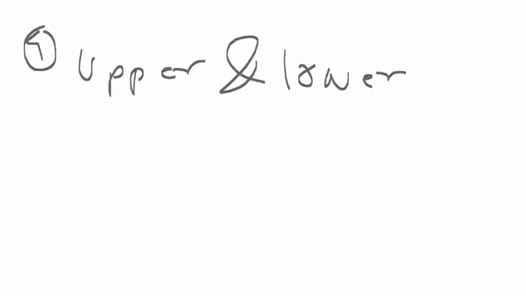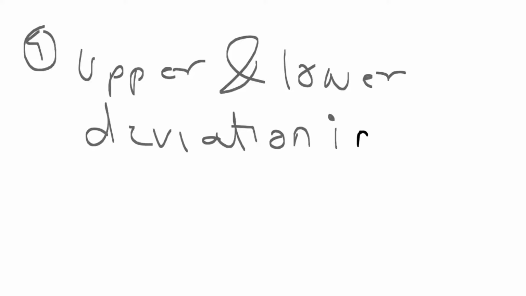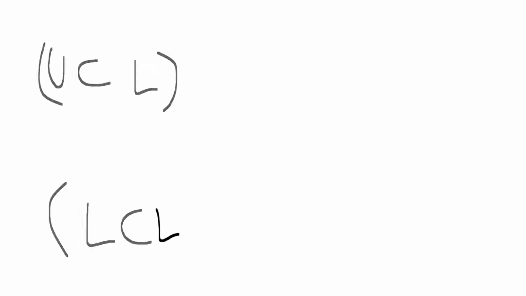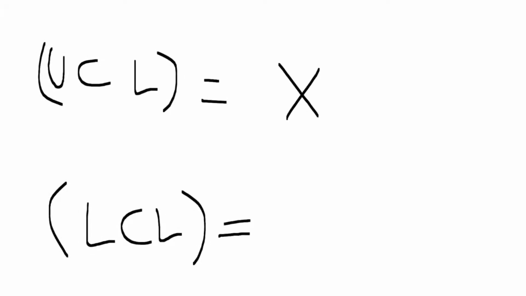How are they calculated? The upper control limit, UCL, and the lower control limit, LCL. The upper control limit is X double bar plus 3 sigma x.